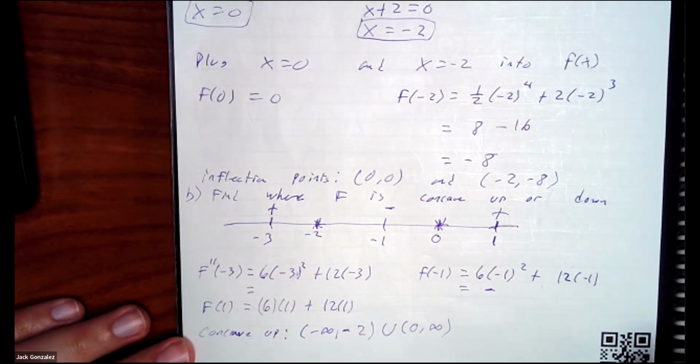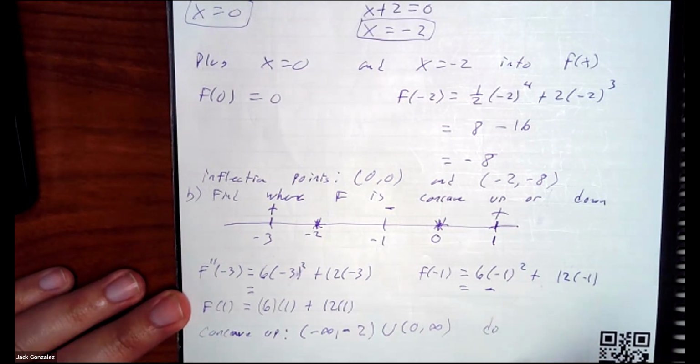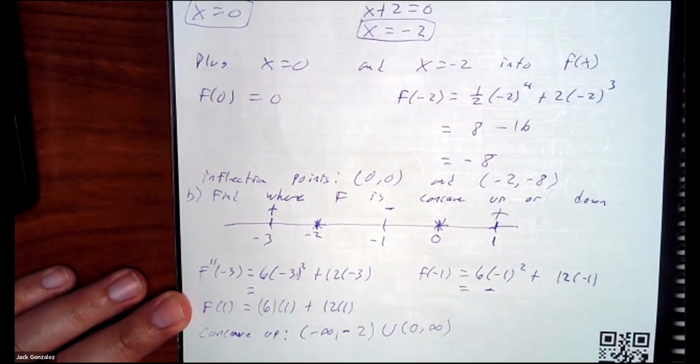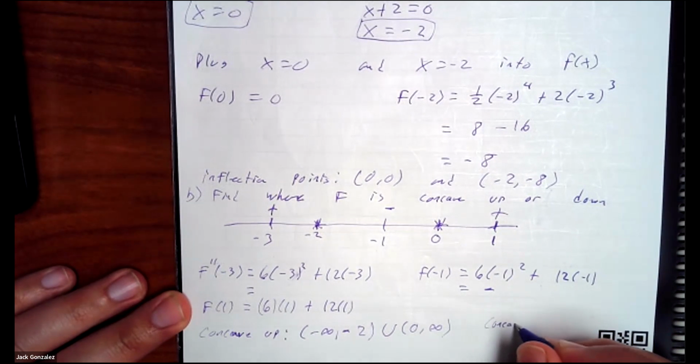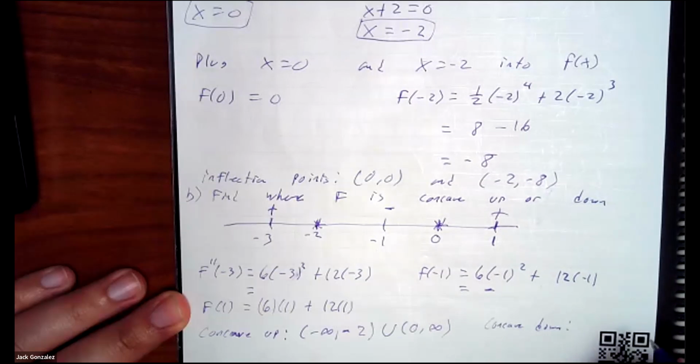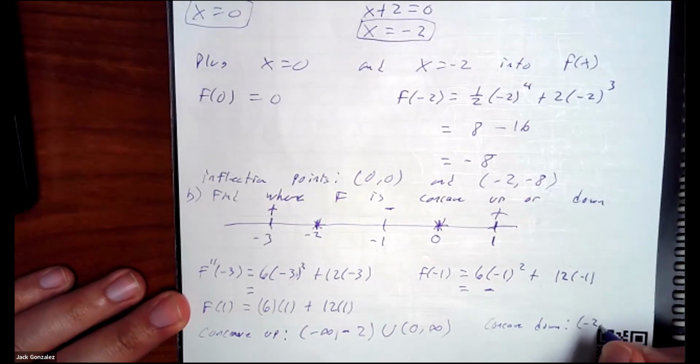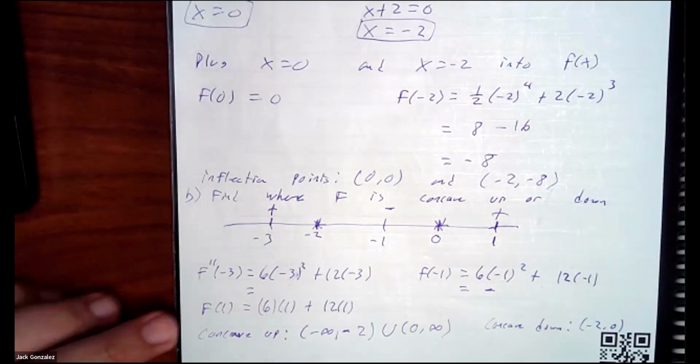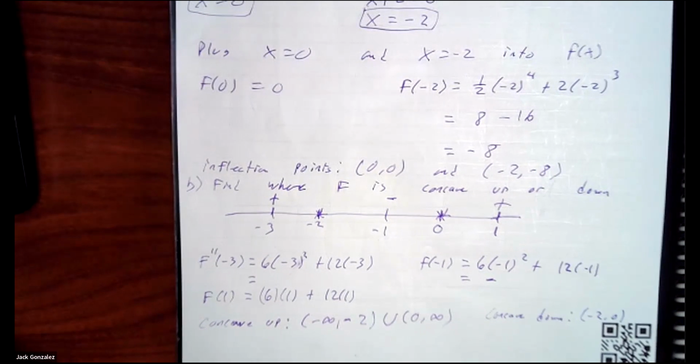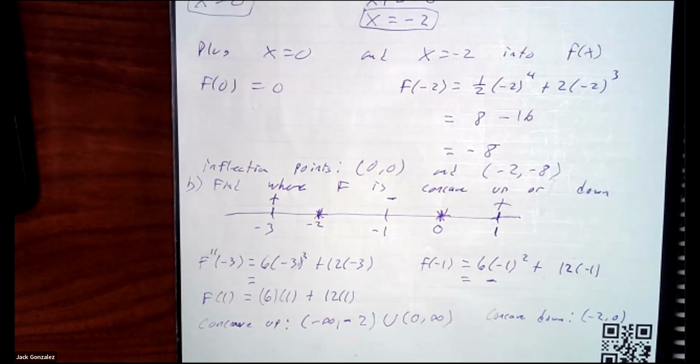We're only concave down in a small section. Concave down will be -2 to 0. Any questions on this problem?